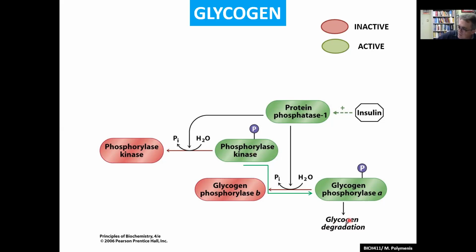So it erases all these activating phosphorylations. So you have off the regulator and off the actual enzyme that does the degradation, right? So this is a very elegant way that insulin, through the activity of a protein phosphatase that removes phosphates of proteins, can really block in 2 steps, in 2 different ways, glycogen degradation.